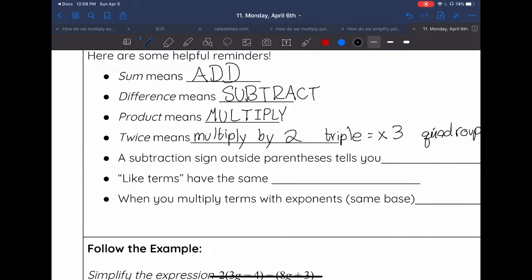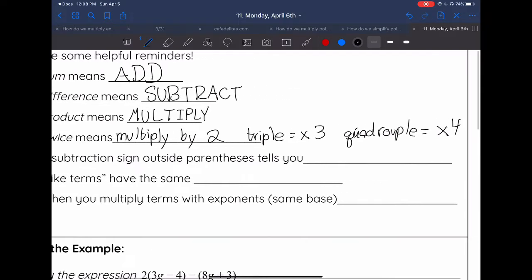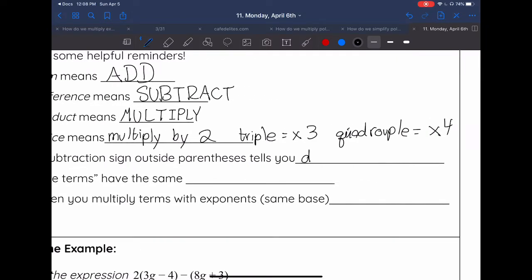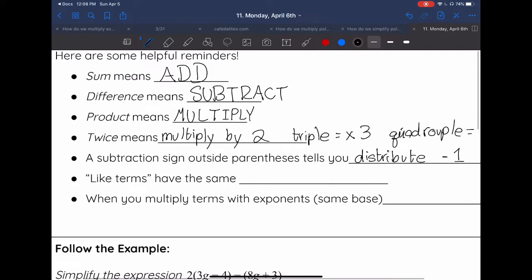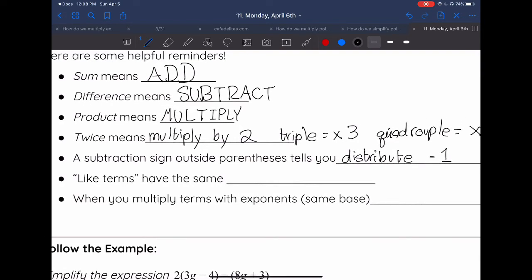If I have subtraction outside of my parentheses, that's going to tell me to distribute a -1. Like terms have to have the same variable and exponent.